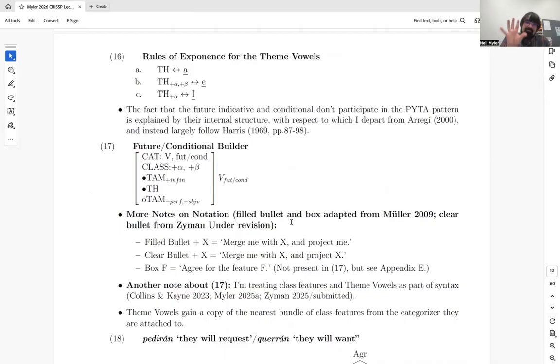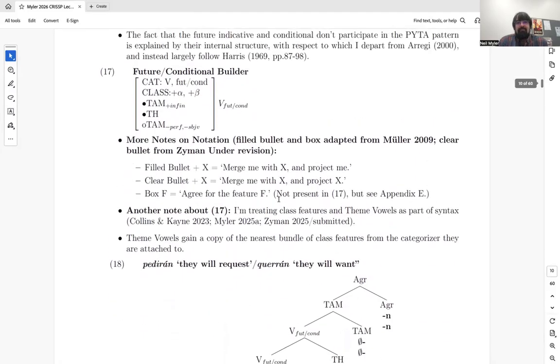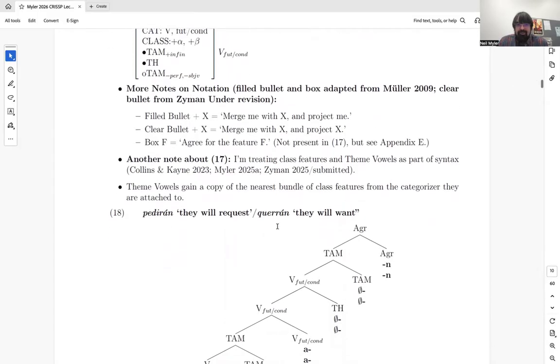Also, the way in which the theme node gets its class features, it will agree for them with the nearest bundle of class features, which could be on the root, could be on a verbalizer, could be on something else. And that's what that says here. Implicit in all this, and as I said just before, I'm treating class features and theme vowels as part of syntax. There's some citations here, and I pointed you to my earlier YouTube video.